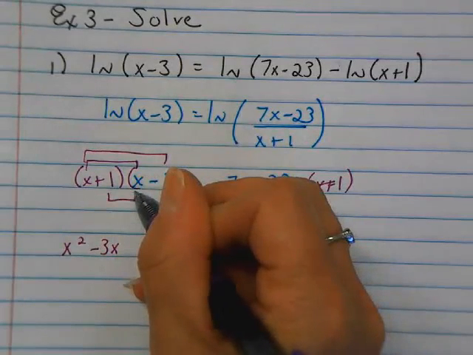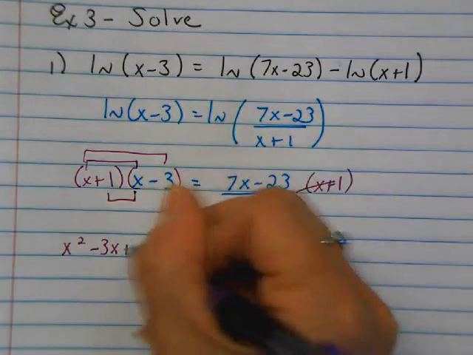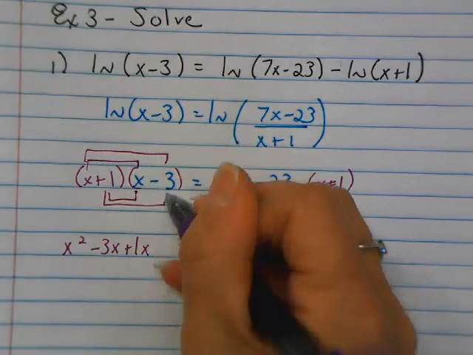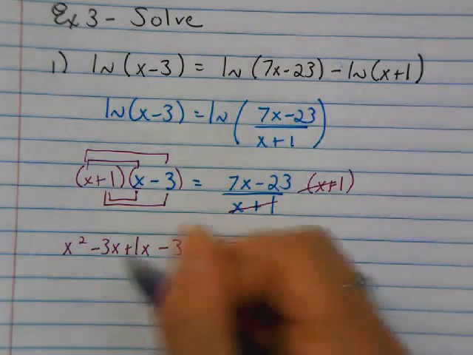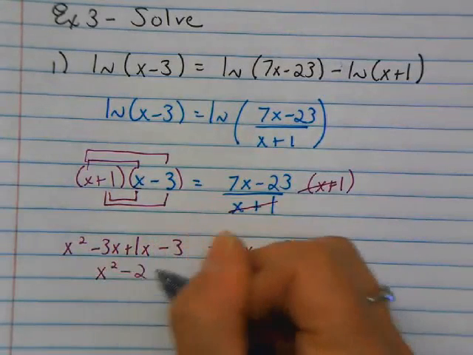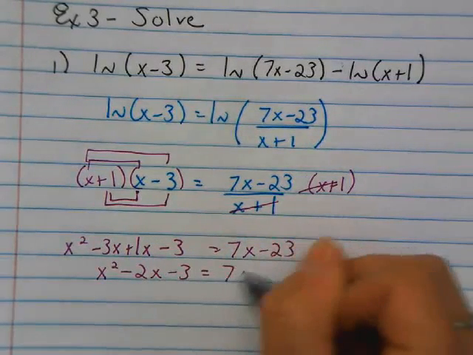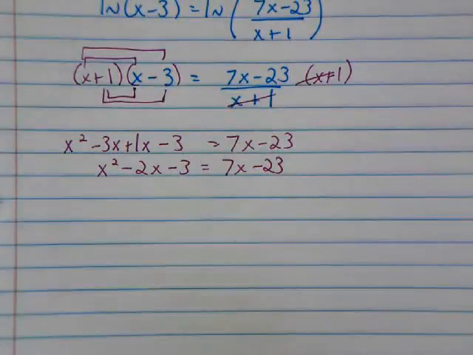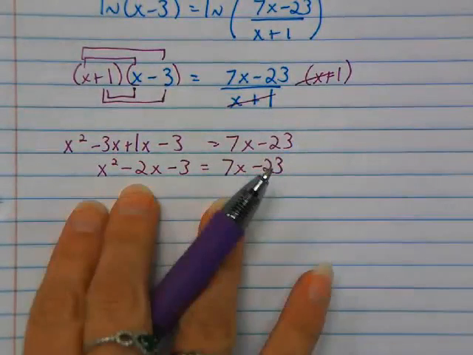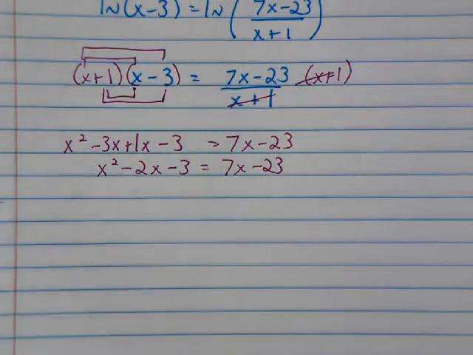So I'm going to clean it up a little bit. I have x squared minus 2x minus 3 equals 7x minus 23. Now what? Since it's a quadratic, we got to bring everything over, zero it out, and hope we can factor. Alright, so I have x squared, bring the 7x over, I get minus 9x plus 20.